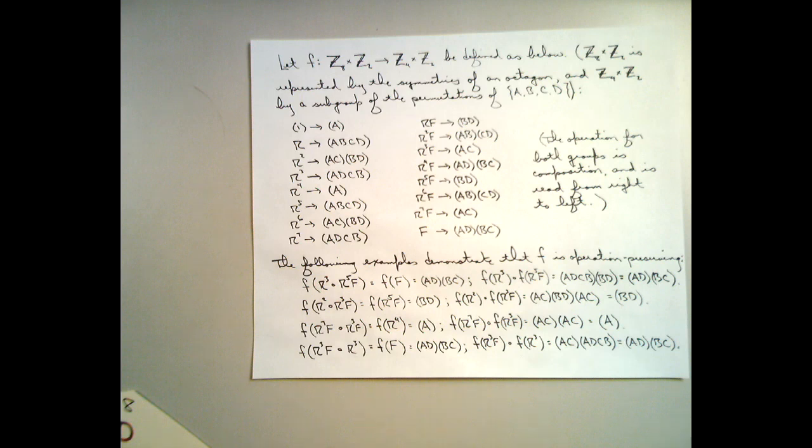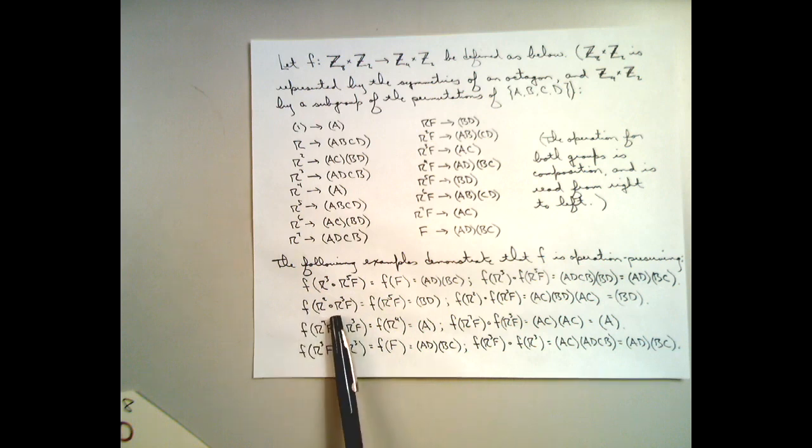Down here, we have evidence that this function does in fact preserve the operation, right? If I applied f to the combination of R2 and R3f, and again, we're thinking of these as permutations, so we're performing the operations from right to left.